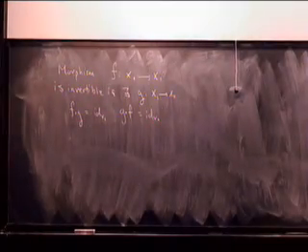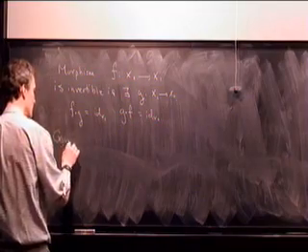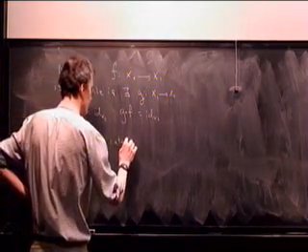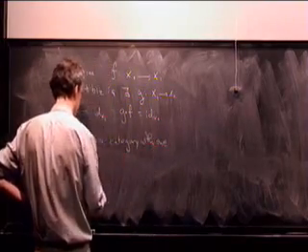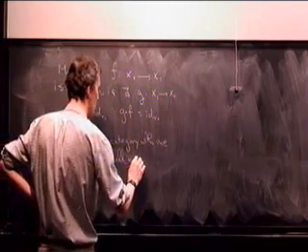I think we've been through that before. Now a group is a category with one object, and all morphisms are invertible.